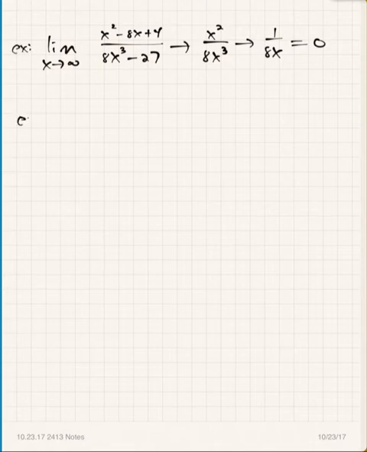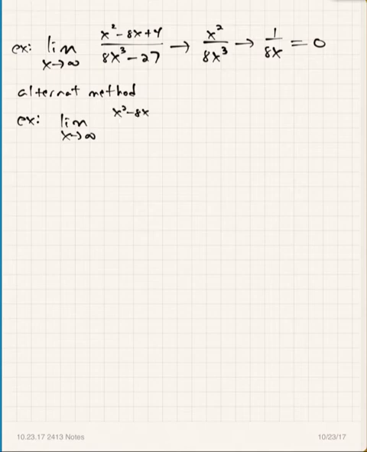Now, if you had done the same problem with the alternate method, then you're dividing every term by the largest power of x. The largest power of x would be x cubed, so you're multiplying top and bottom by 1 over x cubed.